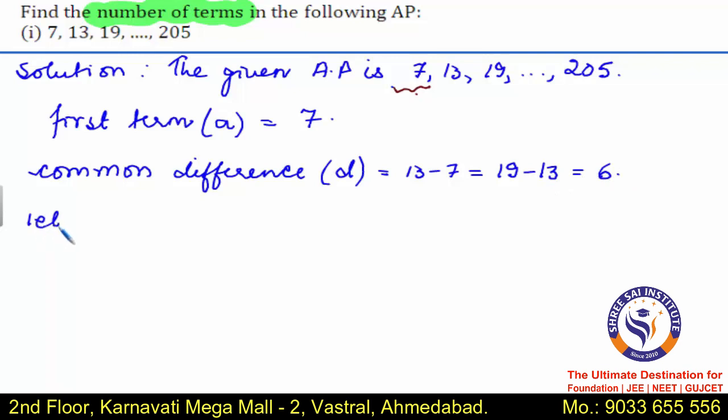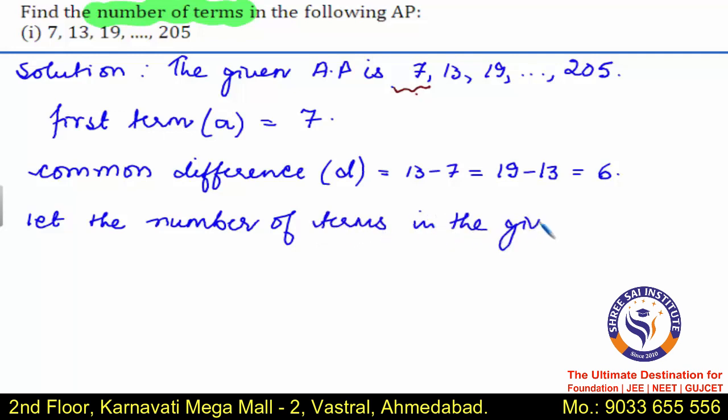Let us suppose that in the given AP there are n terms, right? So the number of terms in the given AP, let us suppose them as n, right? So this implies that the nth term, that is the last term of the given AP, which is 205, right?